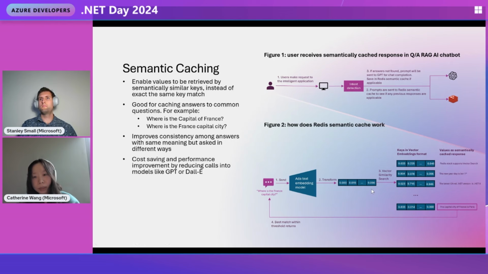It's relatively lower cost compared with calling the GPT model for generating a chat completion. So for example, if a question got asked, where is the French capital city? We go through the embedding transformation, making this question query into a vector embedding, and we compare through the list to see which one is the most similar, retrieve what we found, and give the answer back. So in this case, it reduces the cost and improves your performance.